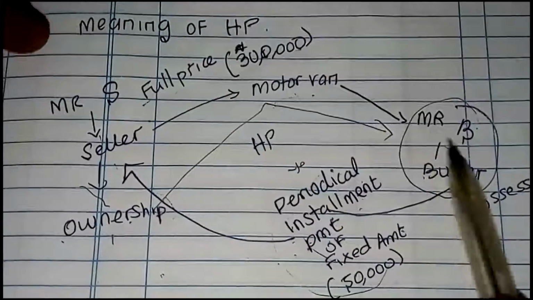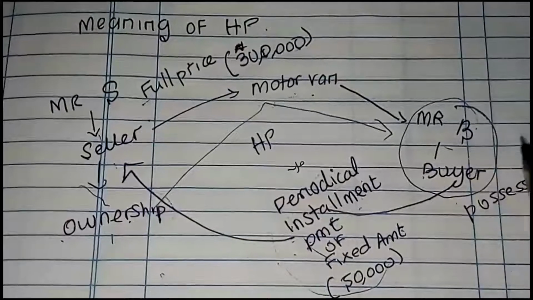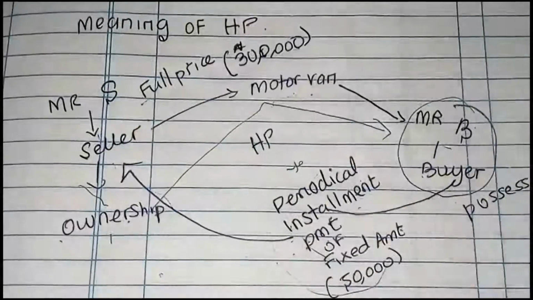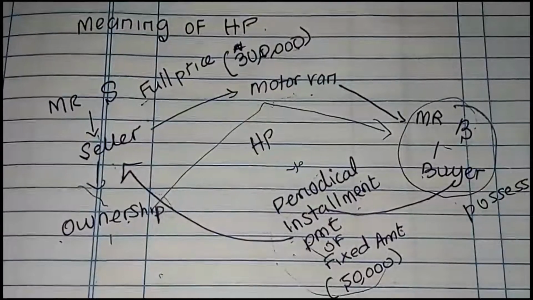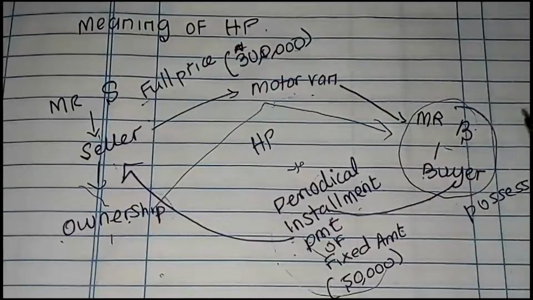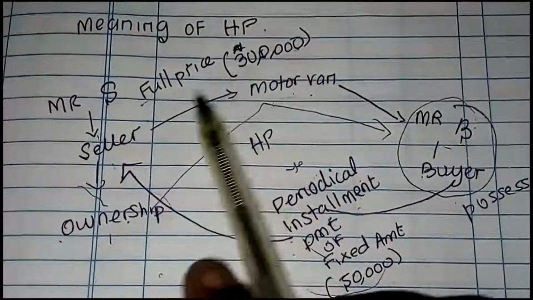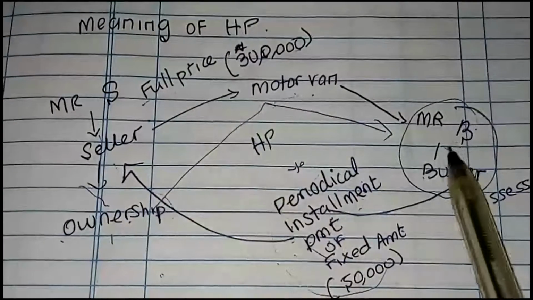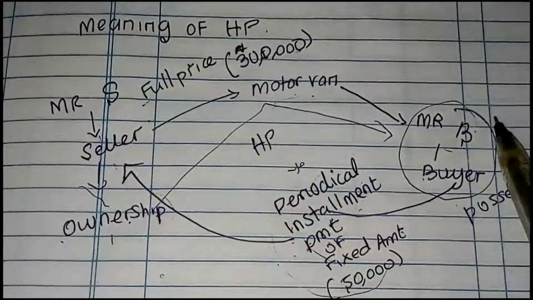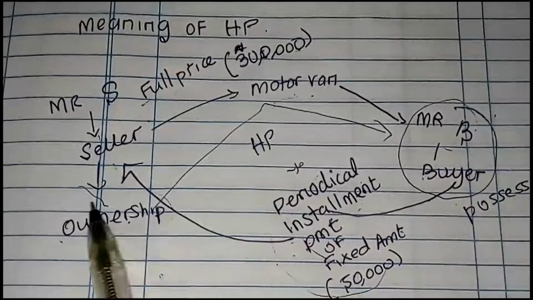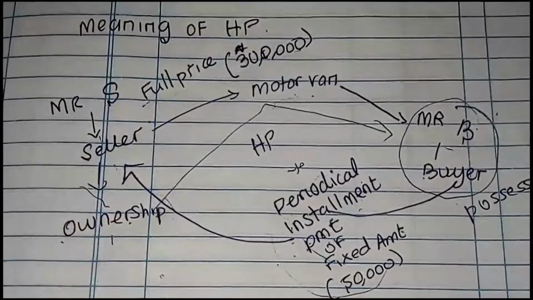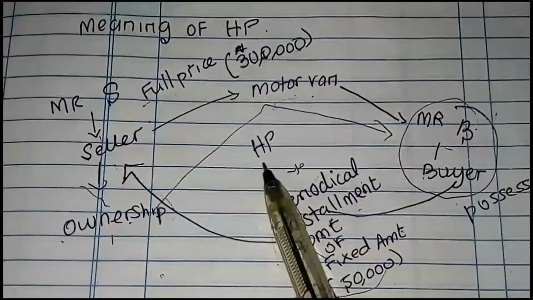Once the ownership has been transferred, Mr. B can decide to resell the motor van, can do anything with the motor van. But before the full price is completed, Mr. B doesn't have the right to resell, because the motor van does not belong to him. It still belongs to Mr. S. So this is what we call hire purchase.